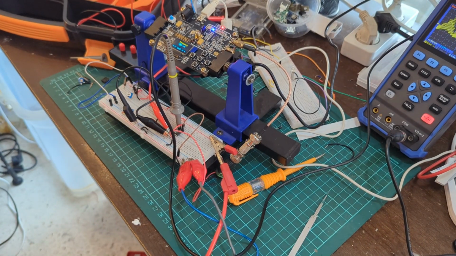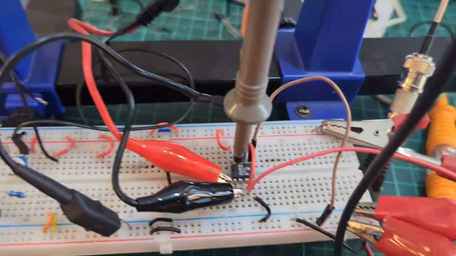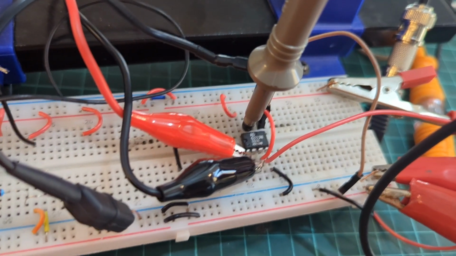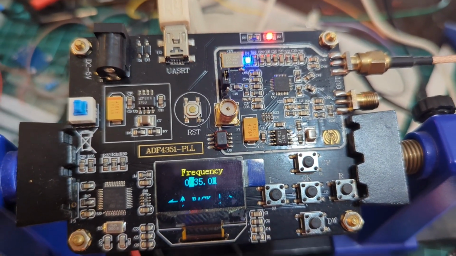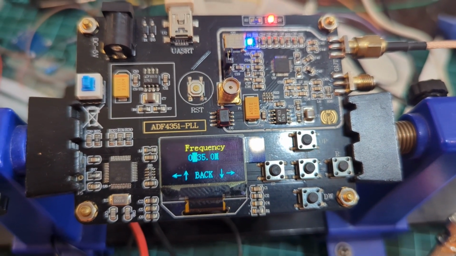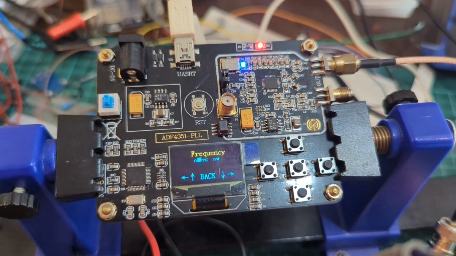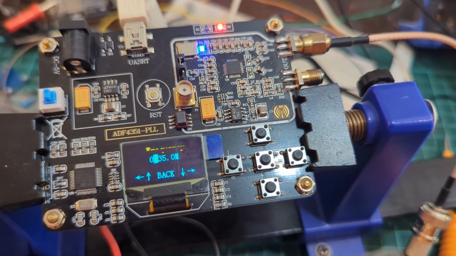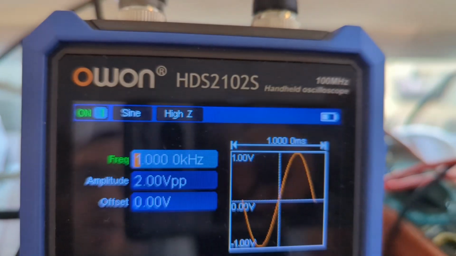Okay, so we wired up the circuit. Let me give you a more detailed view. That's the chip, and we have two different signals being injected actually. So over here, this is the ADF4351 phase locked loop signal generator, and I'm injecting about 35 megahertz. Remember, I need to stay within the bounds of my oscilloscope, which is 100 megahertz. So this is 35 megahertz, and the oscilloscope is going to be injecting 1 megahertz.